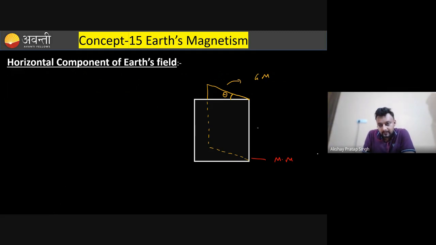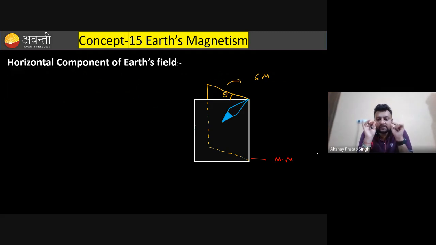It will align, it will dip by some angle, let's suppose like this. This is the magnet, and this is going to be the north pole of the magnet. I hope it is clear to you. So this is the north pole.